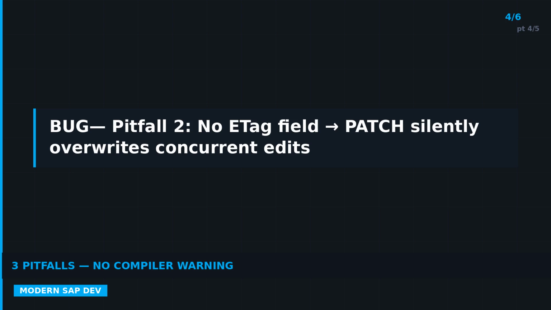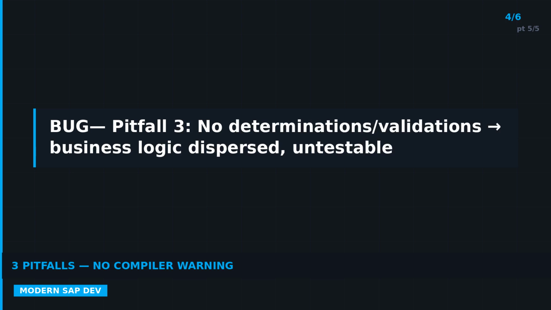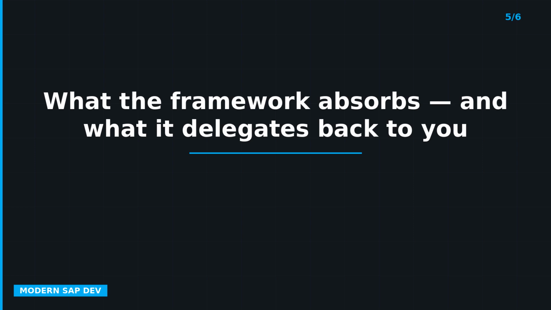Here's the mental model I use when reviewing RAP services built by junior developers. RAP is opinionated by design. SAP decided how persistence, locking, and authorization should work so you don't have to reinvent them. That's good. The trap is treating the framework as a black box. You declare managed and assume locking is solved. It's not.